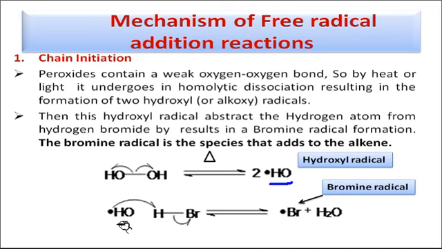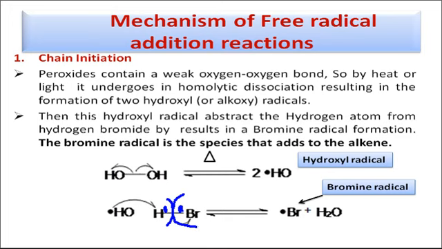Then this hydroxyl radical abstracts the hydrogen atom from hydrogen bromide. Again, the bond breaks with homolytic cleavage. That means a single electron goes with hydrogen and the second single electron goes with bromine.